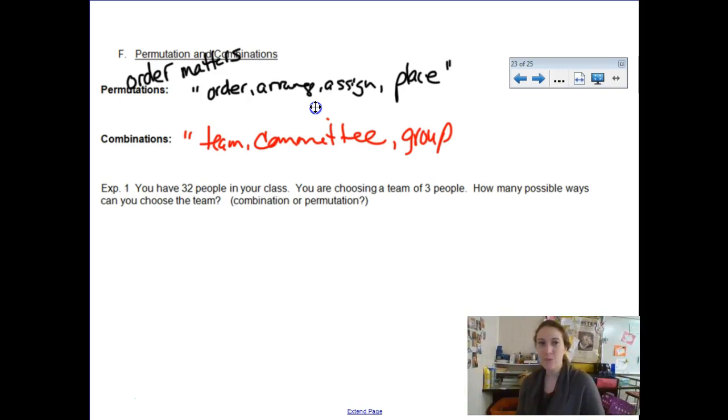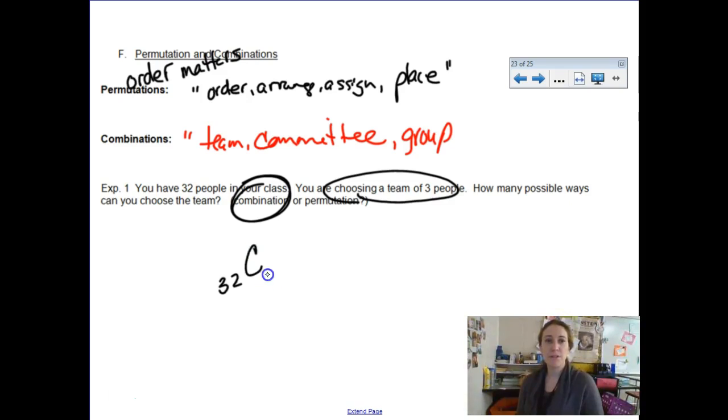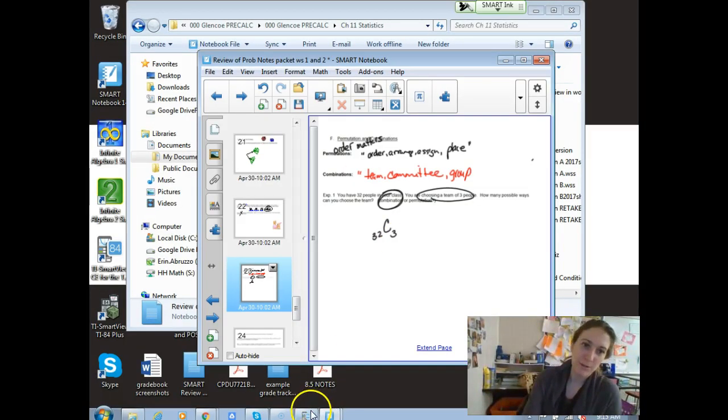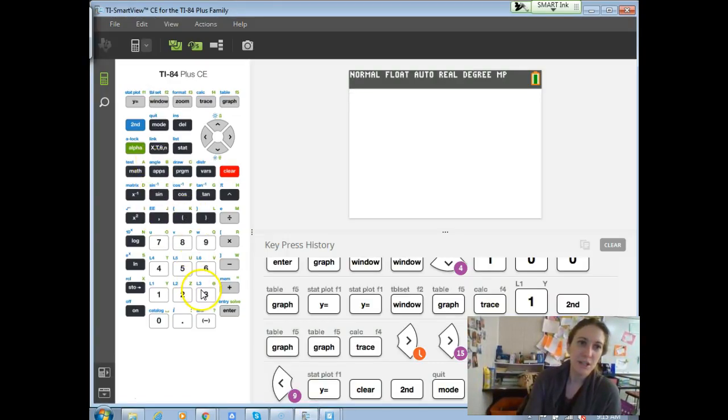So here, 32 people in our class, we're choosing a team of 3 people, so that is a combination. So this is how we're going to write it down on our paper. 32 combinations, choosing 3 people. The total comes first, how many you're selecting comes next. And then we go to our calculator, because there is a formula, but I'm going to show you the way we're going to cheat.